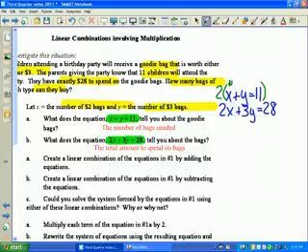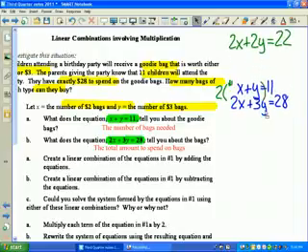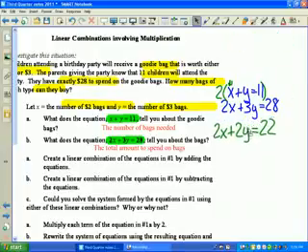I got to multiply the entire equation by 2. So when I do that, I get 2x plus 2y equals 22. So with that, I'll put it down here.